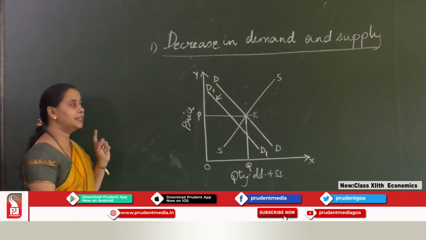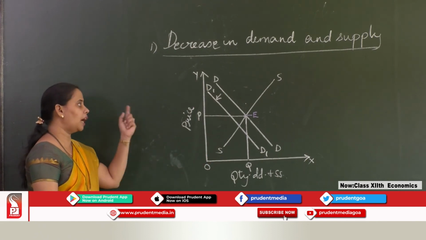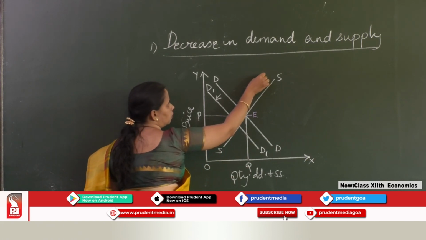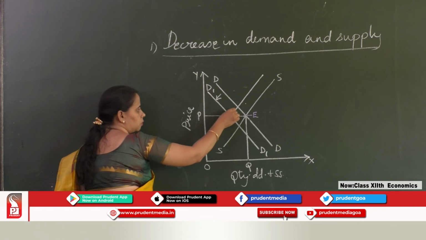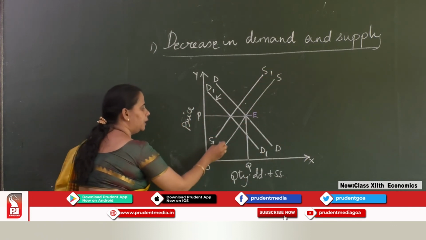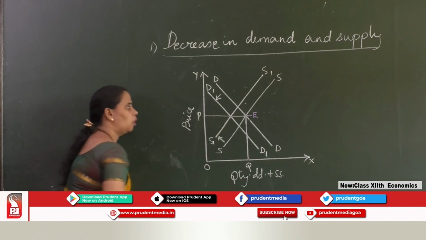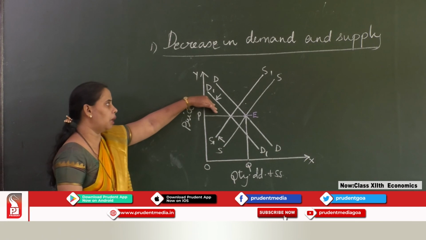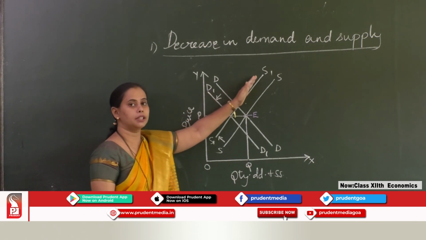Similarly, since there is a decrease in the supply, the supply curve will also move inward. Okay, there is an inward movement of the supply curve. So, now we have a new demand curve and a new supply curve.